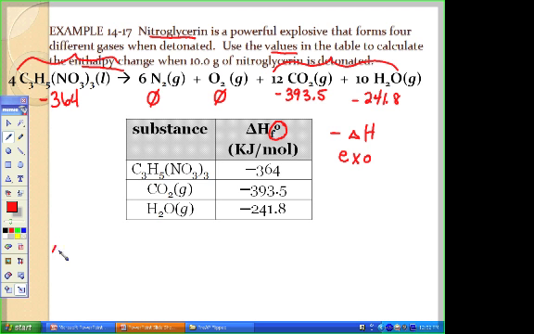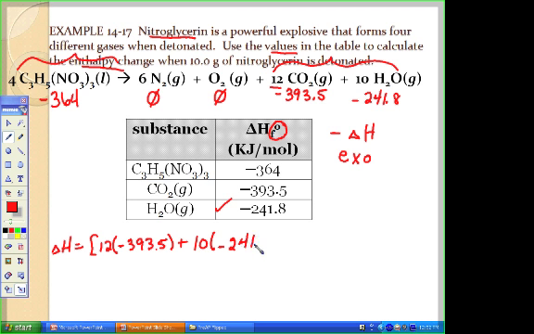So delta H for our reaction is, I'm not going to bother with the zeros. It's going to be 12 times CO2s, so minus 393.5. It helps to put it underneath the reaction, I think, so you make sure you grab the right number in the table. Plus 10 times waters. Be careful, because gaseous water is not the same value as liquid water.